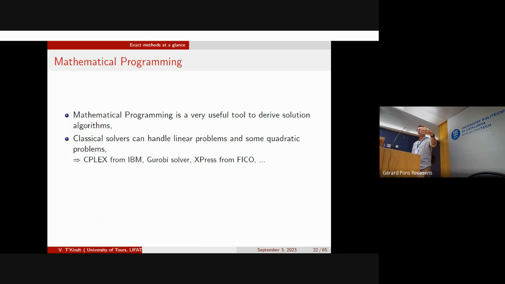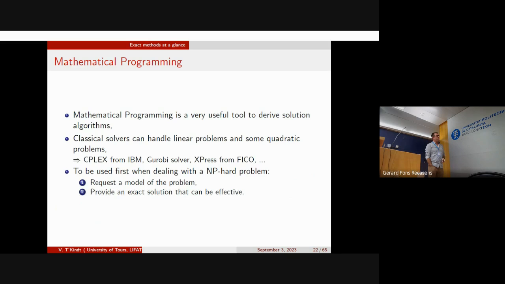The way you derive an exact algorithm is very particular in this case. So I focus on hard problems. You can build an IP, a mathematical program, and then give it to a well-known black box solver like Cplex from IBM, Gurobi, Xpress. Well, you have many of them. Cplex and Gurobi are most certainly the most efficient ones.